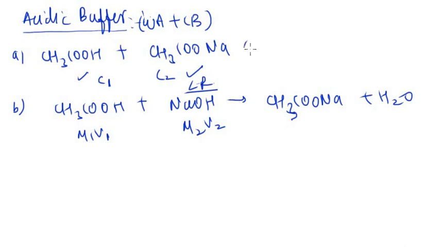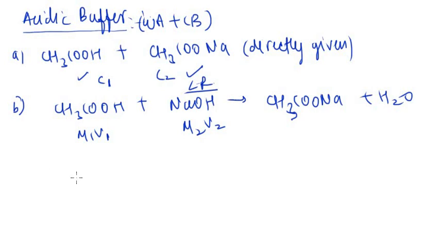When it is given directly, it is a buffer solution. But when we don't want to give it directly, or want to trick the question, it will be given that we have acetic acid with a molarity and volume, and sodium hydroxide is put over it with molarity and volume given, and we have put in a limited amount of sodium hydroxide, or we can say sodium hydroxide is the limiting reagent.